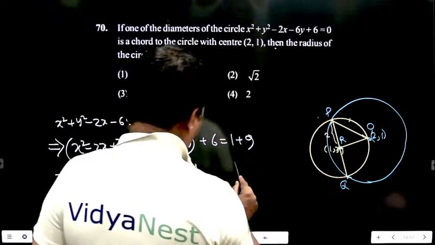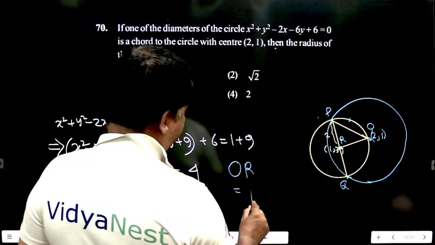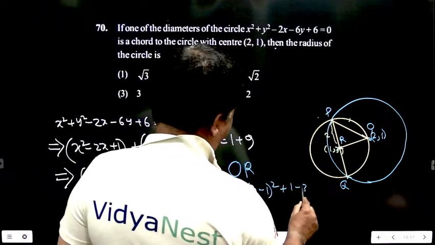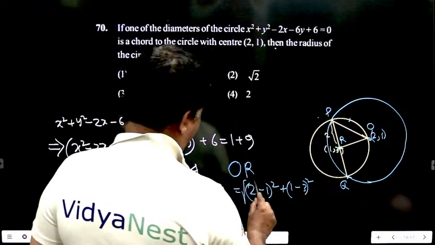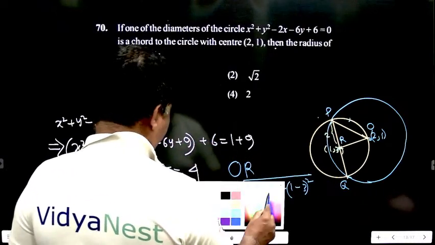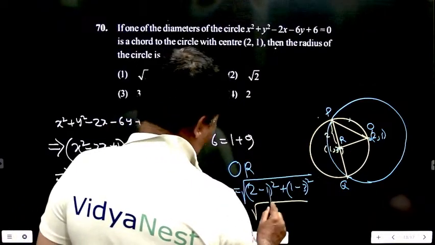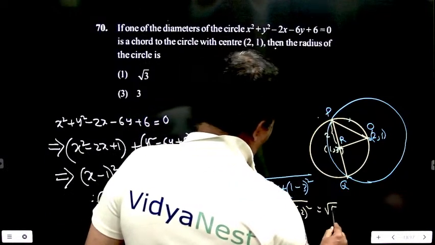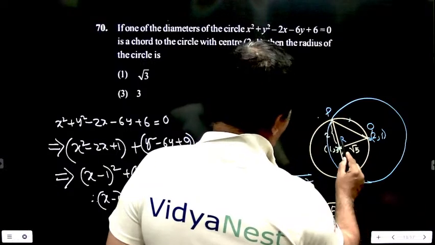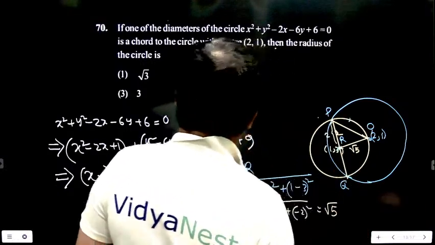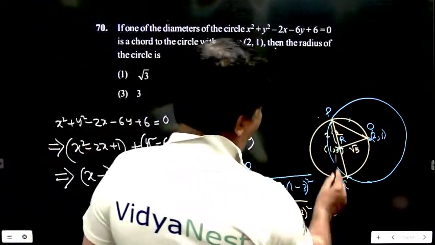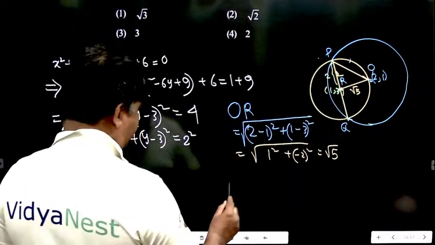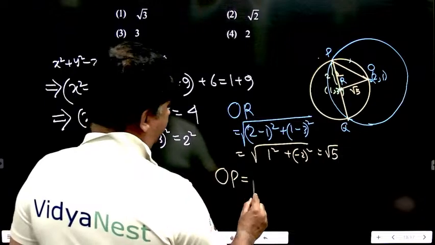So OR, its length is root 5. This length is 2. Already we got. Now we have to find OR, or OP, sorry. By Pythagoras theorem, OP is what? OP square.